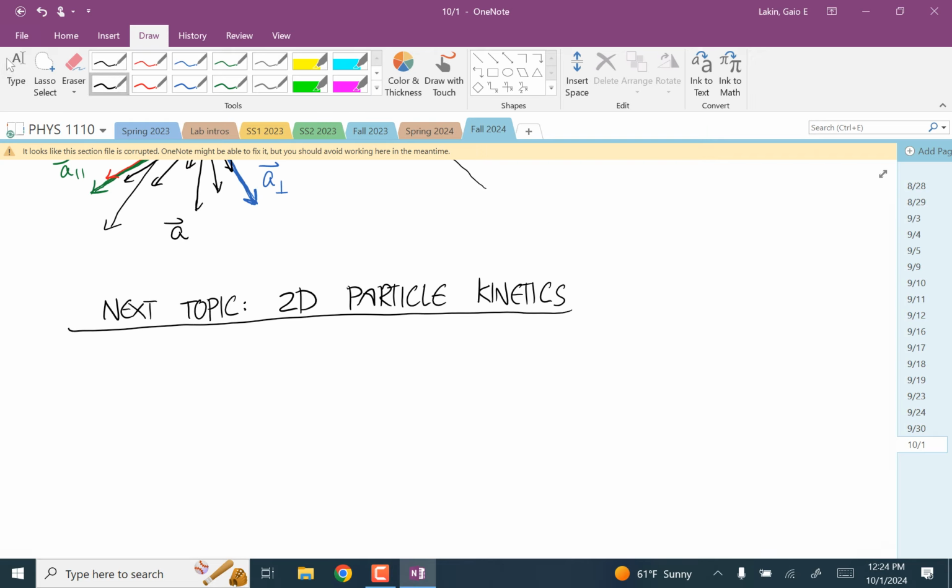And two of these words mean the same thing they did before. So 2D means motion in a plane.